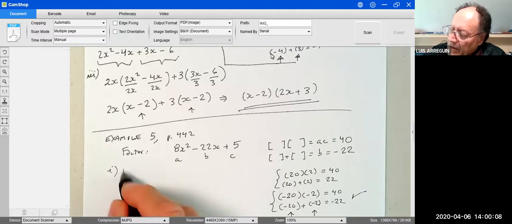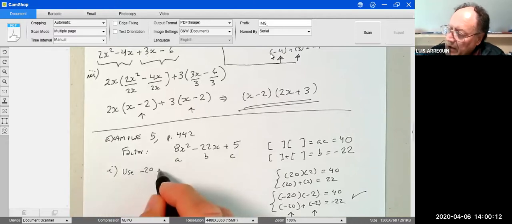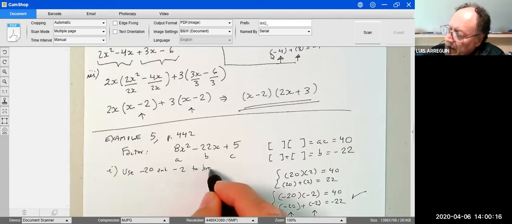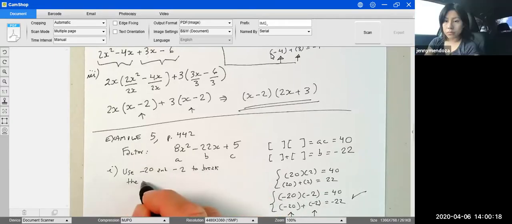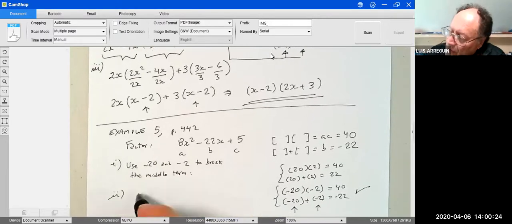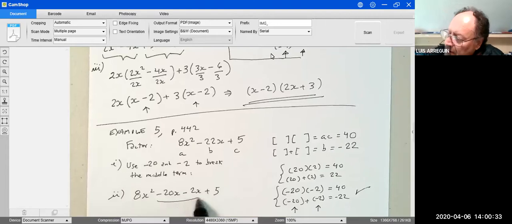So we're going to use negative 20 and negative 2 to break the middle term. And that's my second step. So I'm going to write 4x squared minus 20x minus 2x plus 5. So now my middle term is broken in these two pieces.